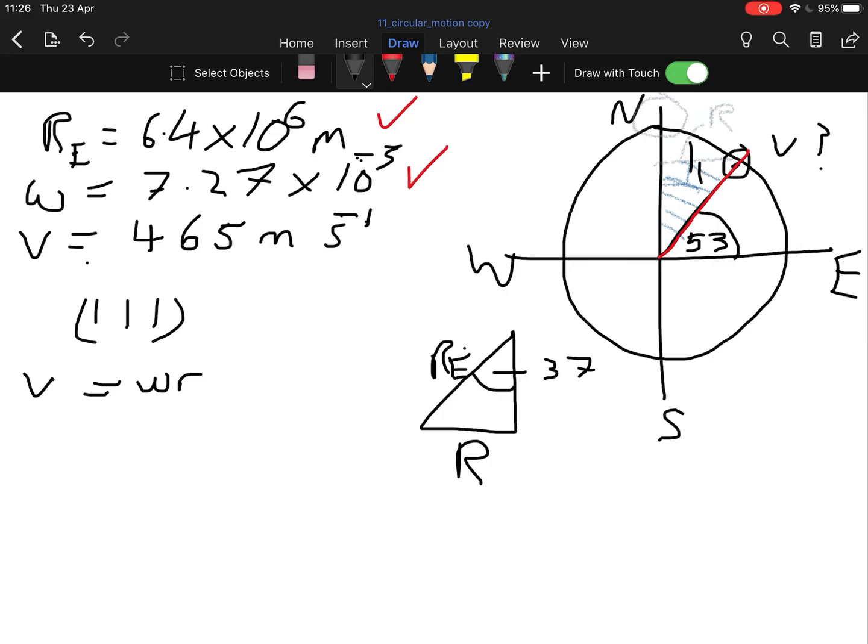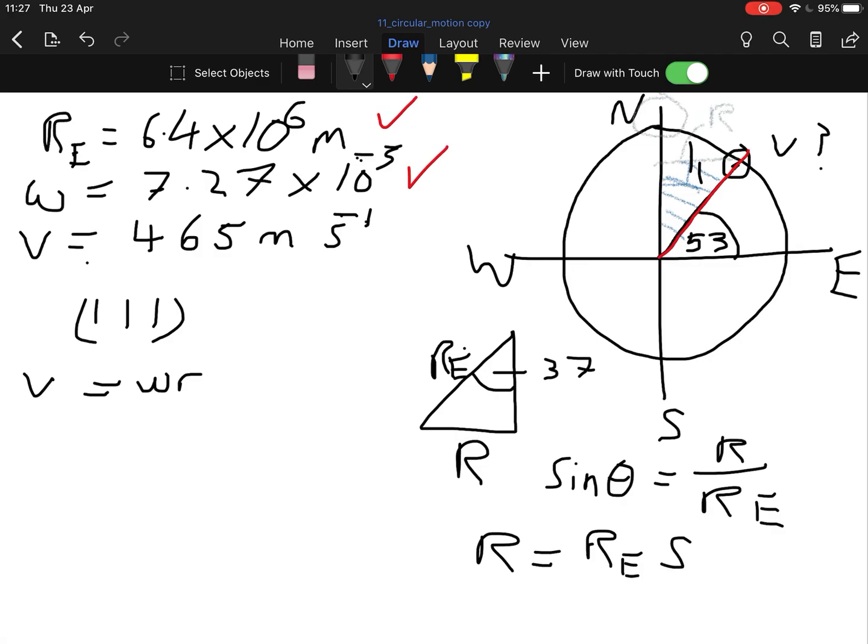What do we use? Sine, cos, or tan? So sine is the opposite over the hypotenuse. So sine theta equals the opposite over the hypotenuse, the radius of the Earth. So r equals the radius of the Earth sine the angle.